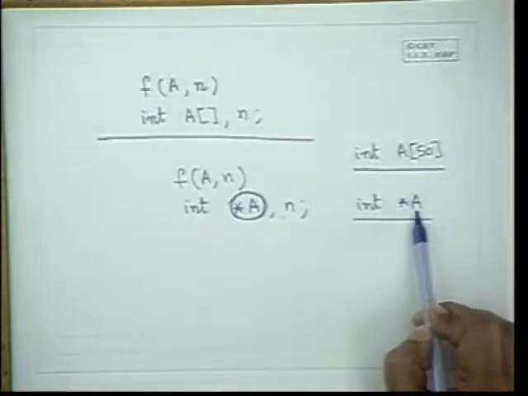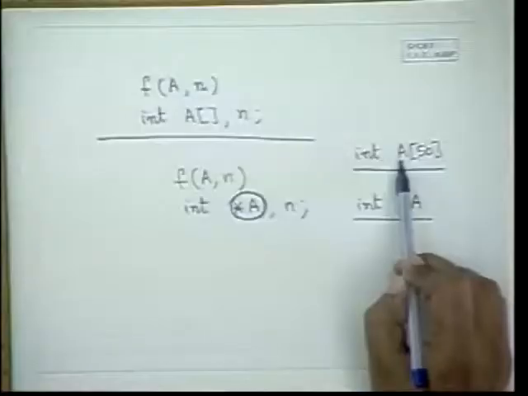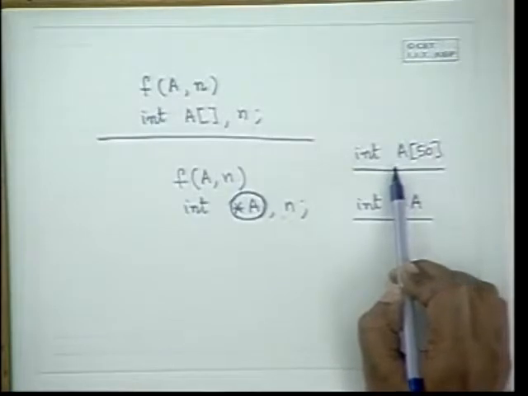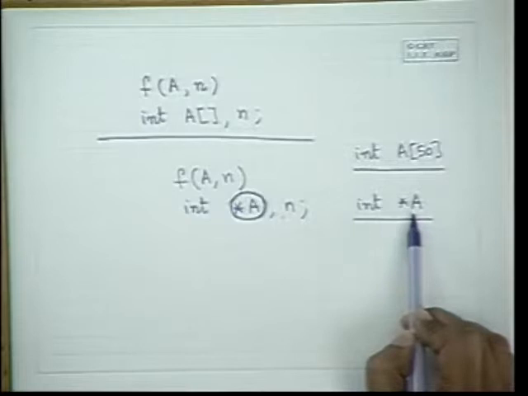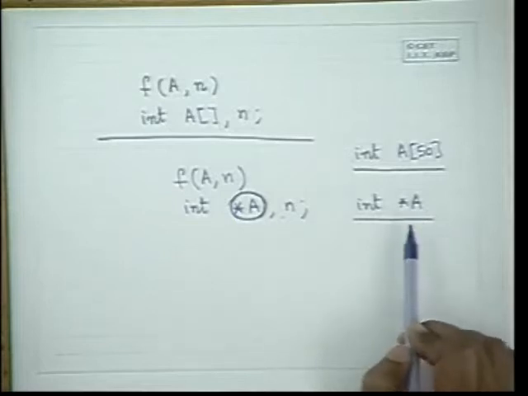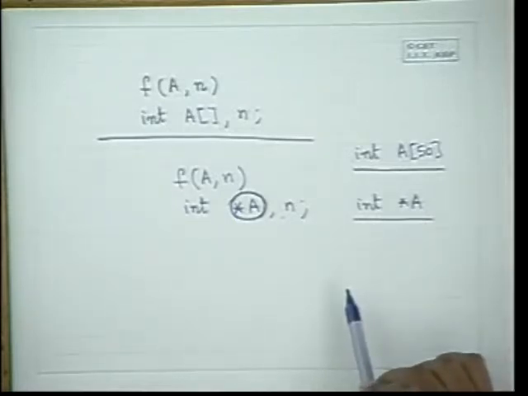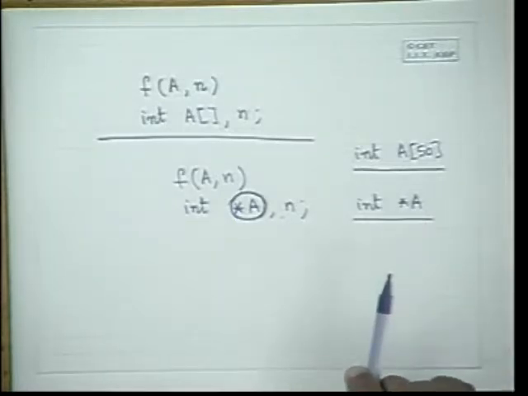This variable can be changed. You can use this value and start changing it. But here this array A cannot be changed. This is the address of the array which the system will allocate. Here this can be changed. And then if you want to allocate 50, 30, 40, 60 elements, then you will have to do dynamic allocation. And we'll come to dynamic allocation a bit later on.